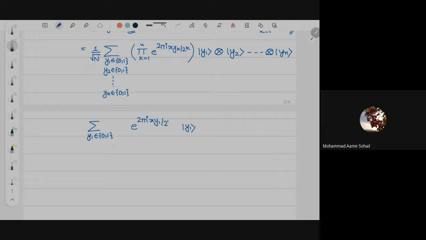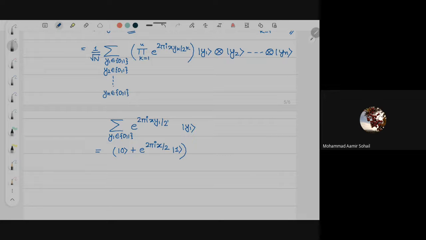So we have the summation over y1 belongs to 0, 1, so you have 0, and then plus e raised to 2 pi i x by 2, and then this will be 1.